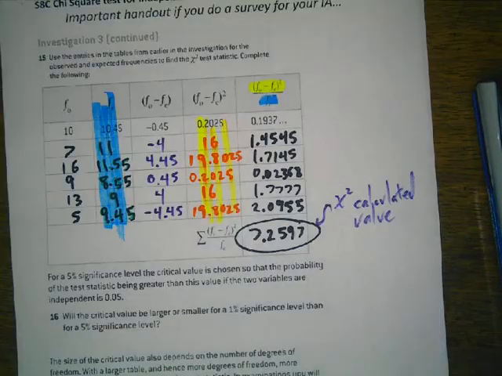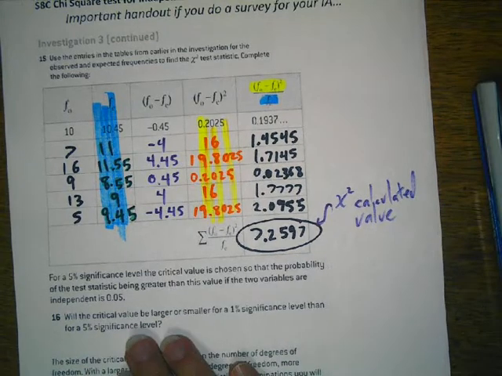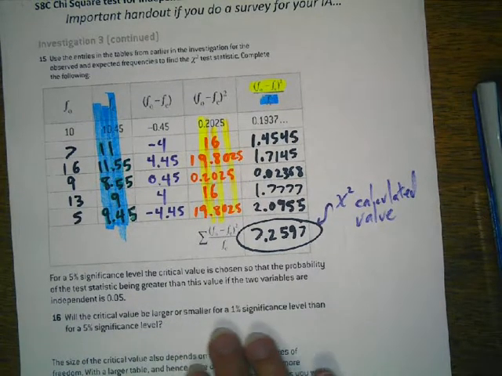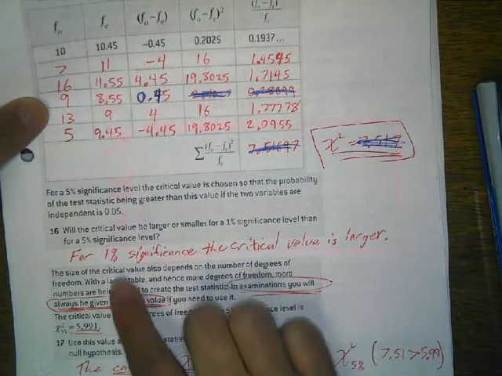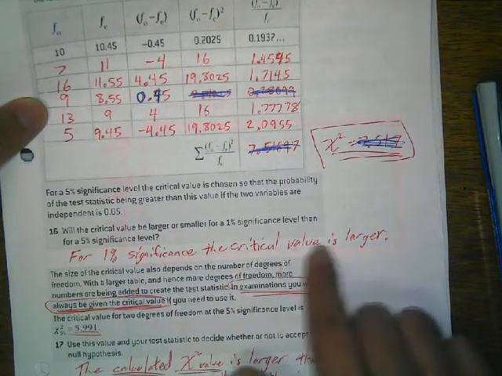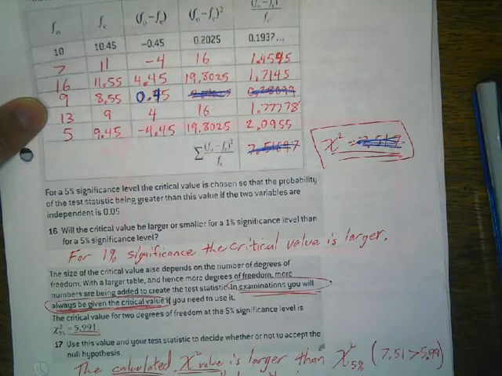So will the critical value be larger for 1% significance than for 5% significance? Basically, for 1% significance, the critical value is larger.